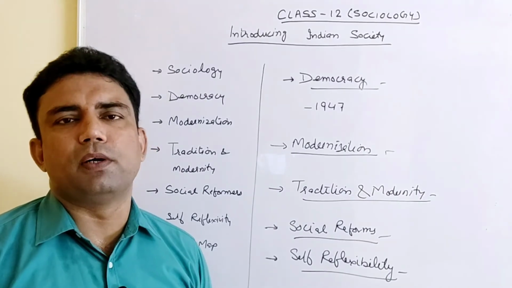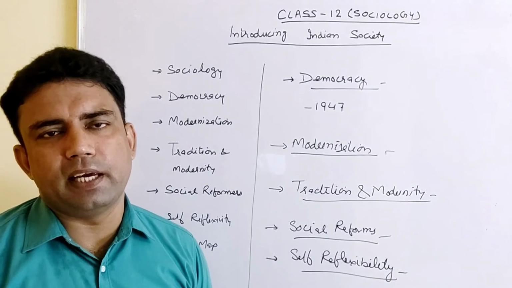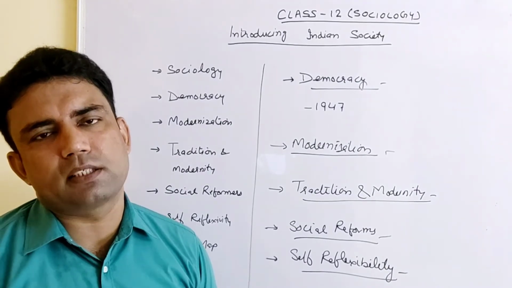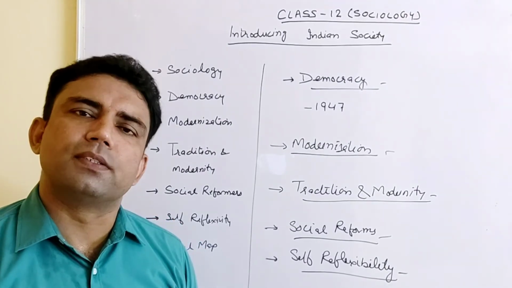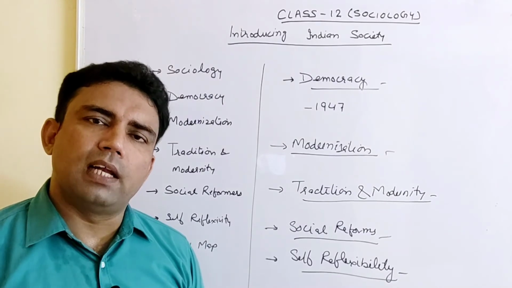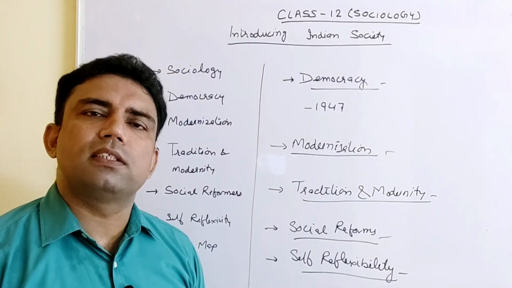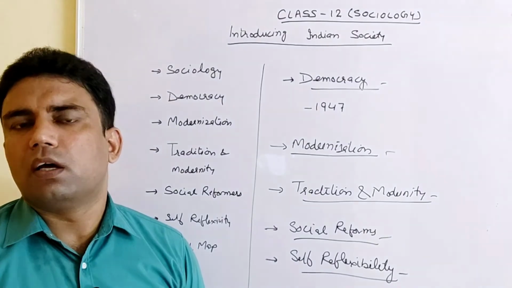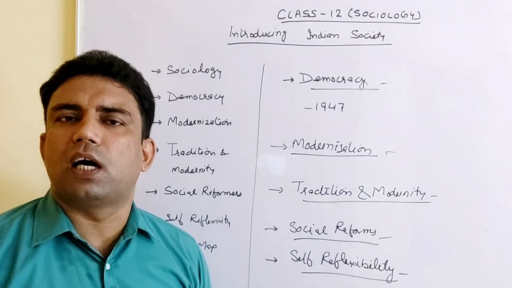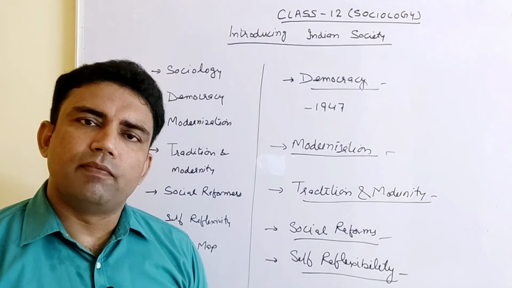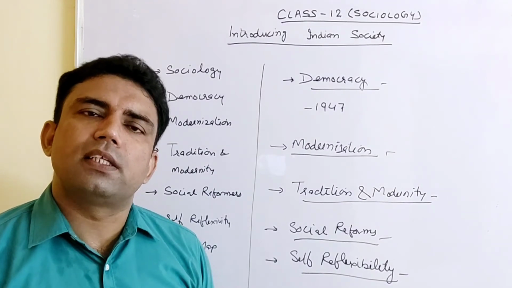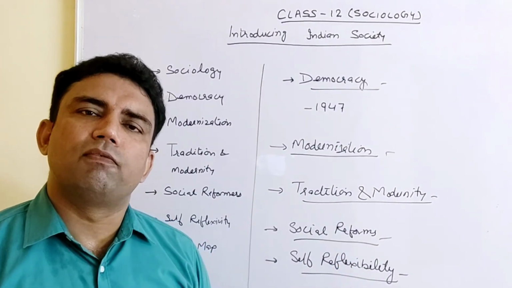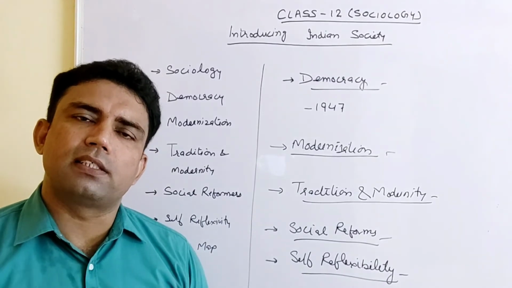That how do the people look, how do they behave with us, and how do they expect a kind of behavior from us. Self-reflexibility is also a gift from sociology. Now we no more think about our own self only. We also think before behaving that how do the other people feel if I am behaving in that certain way.